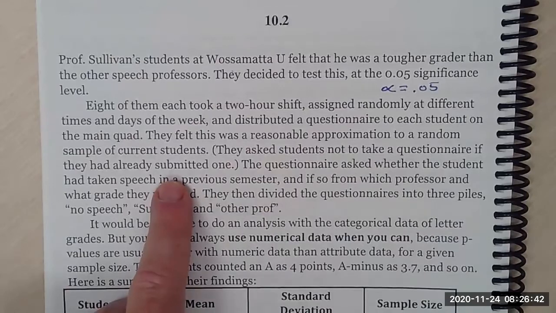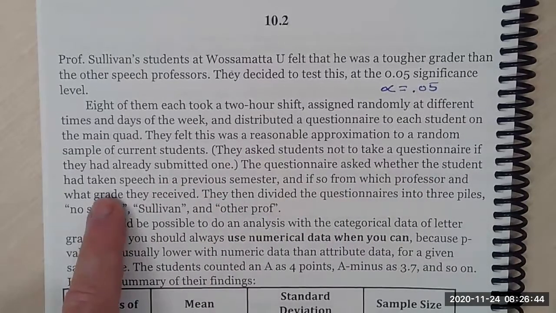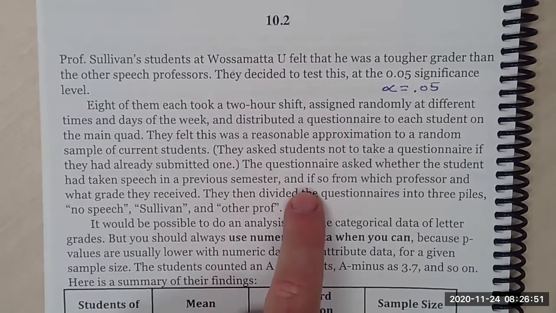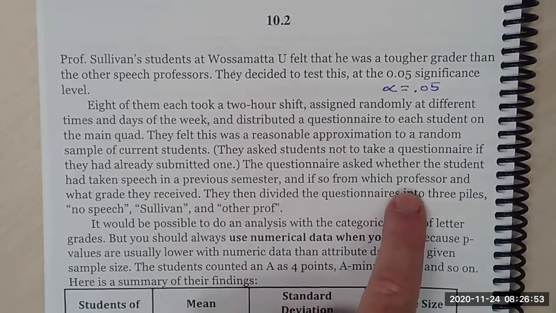The questionnaire asked whether the student had taken speech in a previous semester. If they said, yes, we did, then they ask, well, which professor did you take it from? And what was your letter grade? If they said, I did not, then they just put that aside.